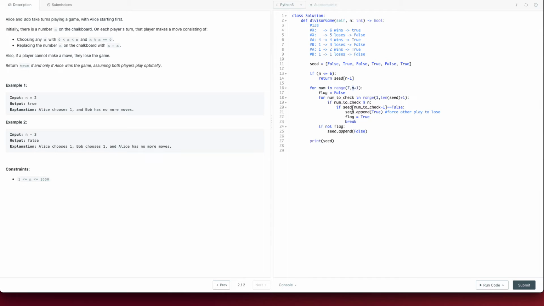If this was like 100, then it goes from 7 to 100 for num. And then you always just return like that. I'm also curious to print this seed, and then I run the code.